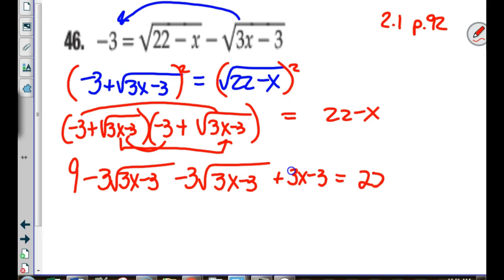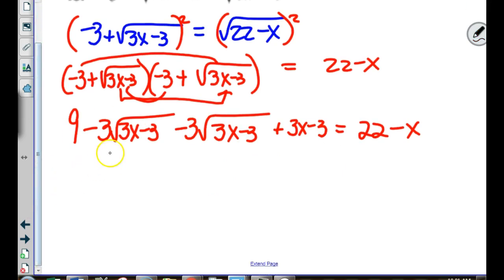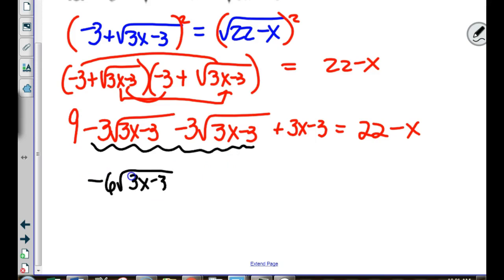Okay. Now what? Okay, I can combine these like terms, and I'll have negative 6 square roots of 3x minus 3. What else on that side? 9 minus 3 would be 6, and there's a 3x on that side.